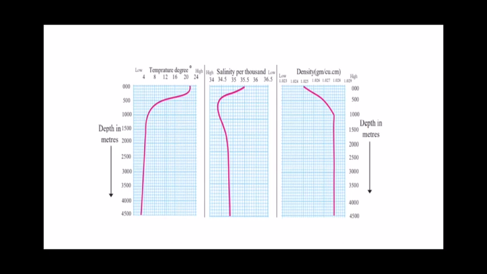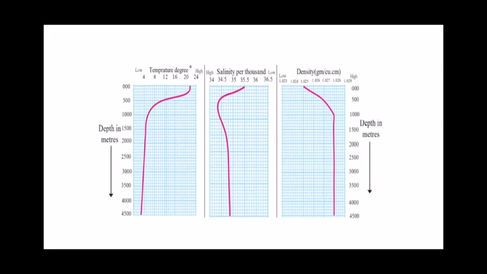Seawater having higher temperature and low salinity can have lower density. So children, in this graph, you know that the density of the water is dependent on two factors, that is the temperature and salinity.